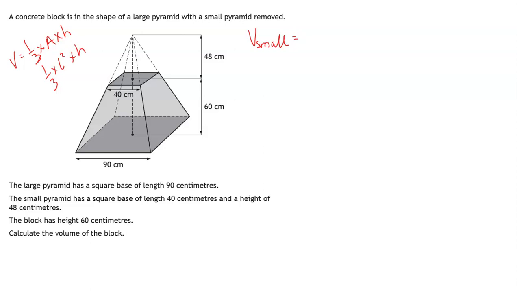If I'm looking at the small pyramid, which is the top chunk there, I'm going to do 1/3 times the length of the base, which is 40, squared, and then multiply that by the height. If I look at the diagram, the height of the small pyramid is 48, so it's times 48. That will give me the volume of the smaller of the two pyramids, which in this case ends up being 25,600 cubic centimetres.